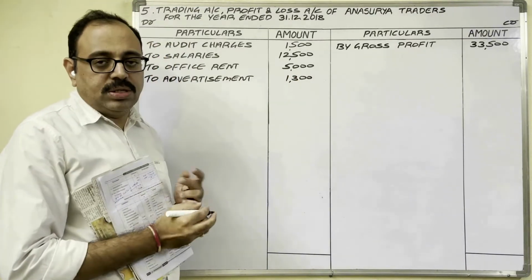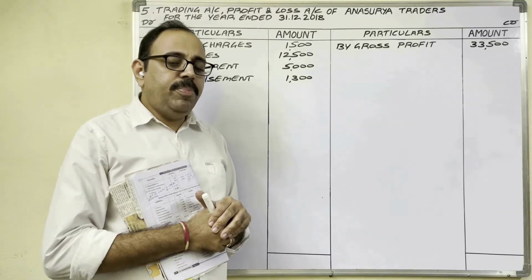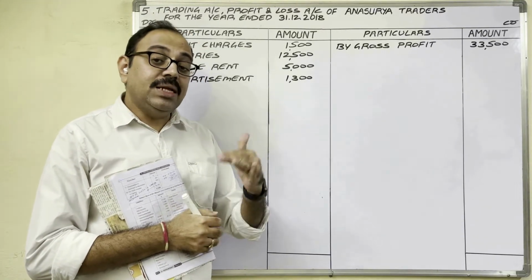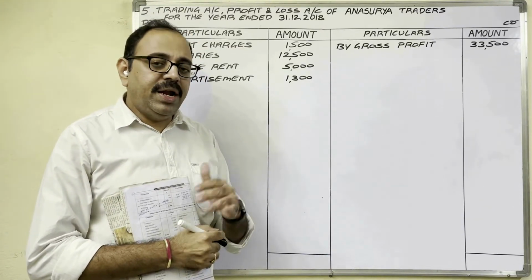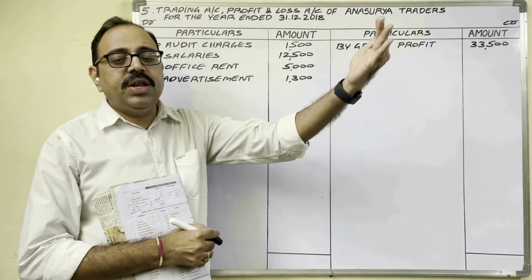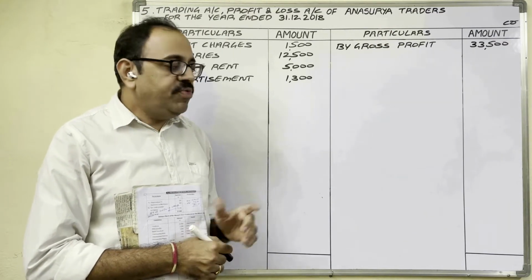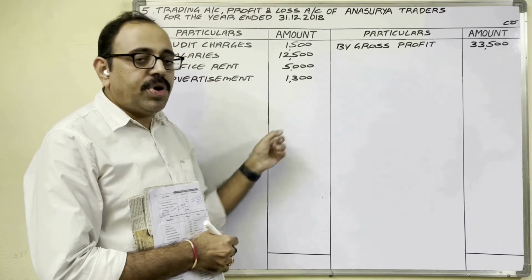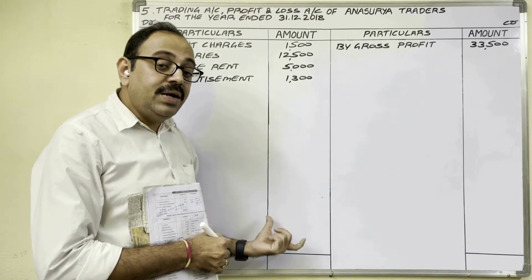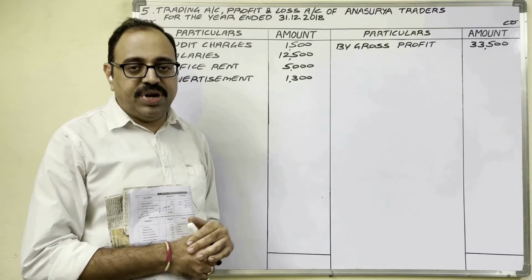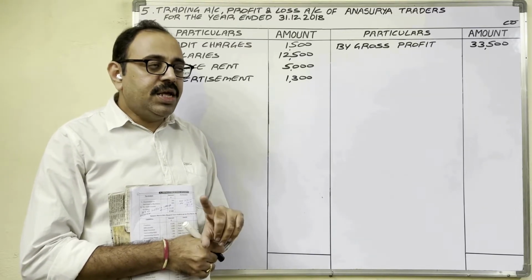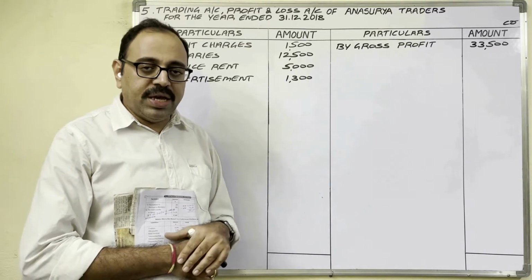Rent paid in advance. Generally, rent paid in advance will be given as an adjustment. Rent paid in advance means next year rent also we paid now, in the current year. We are preparing trading account and profit and loss account to know the current year gross profit and net profit. Therefore, only current year expenses and current year incomes we have to take here.